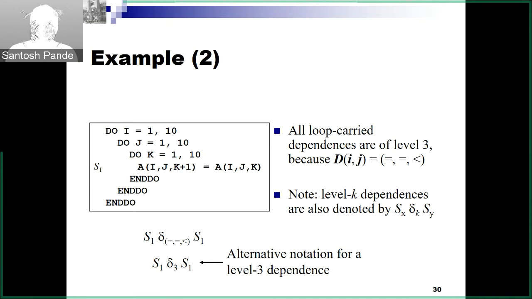So the origin of the dependence occurs at an iteration which is lesser than the consumption, and it's a true dependence. It's a flow dependence which is occurring here. So as long as we preserve that, we can parallelize the outer two loops, and we'll sequentialize the inner loop.